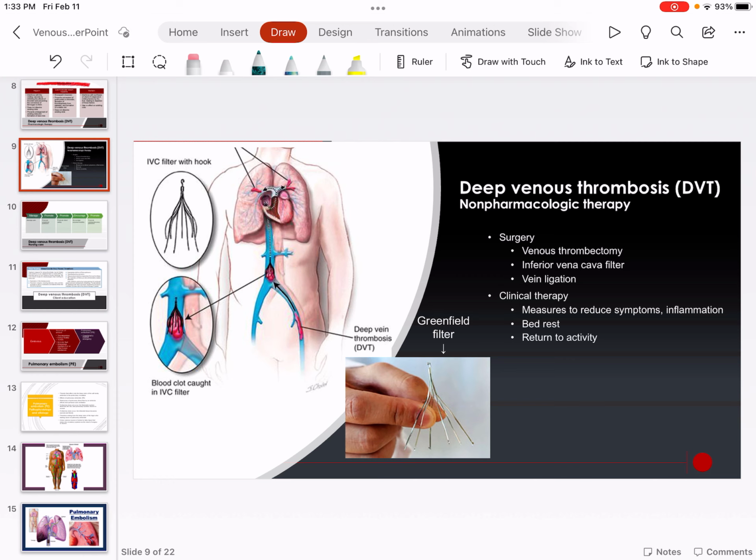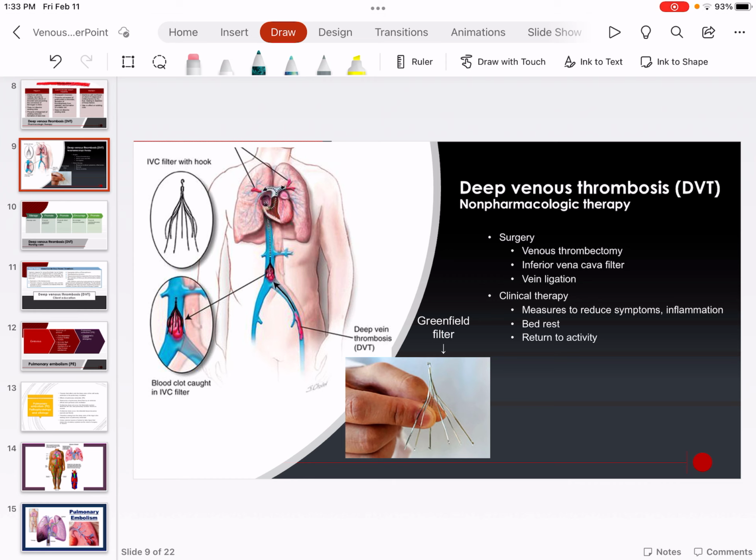If the patient has an extensive DVT, like a patient I recently cared for who had a DVT that was literally from their groin down to their foot, that DVT was surgically removed. So that is an option.